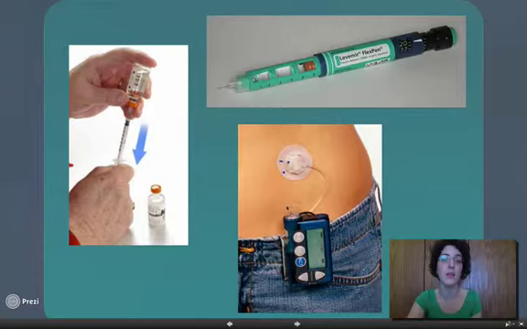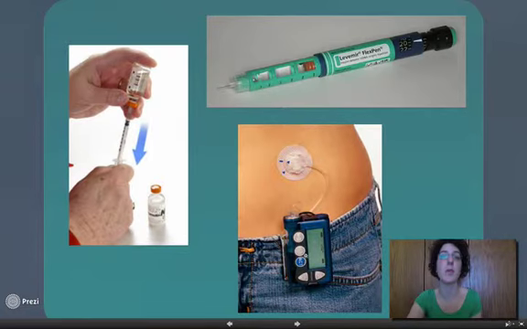The pump is this electronic device here, which is constantly attached to the skin through a little catheter system, and there's a tube that carries the insulin from this little vial here into the skin, and then the amounts of insulin that are needed are managed through this screen and these little buttons here.